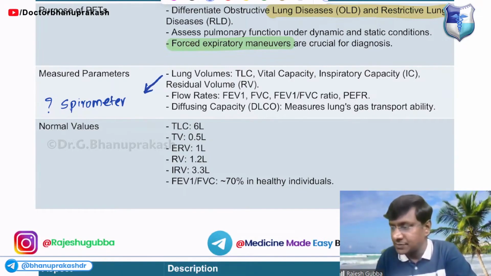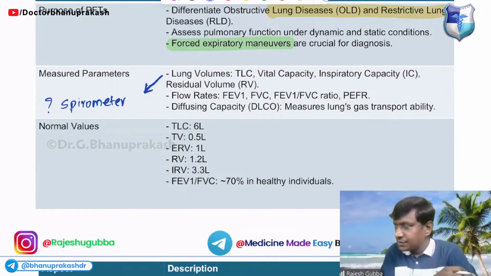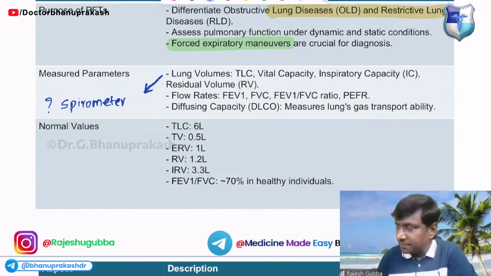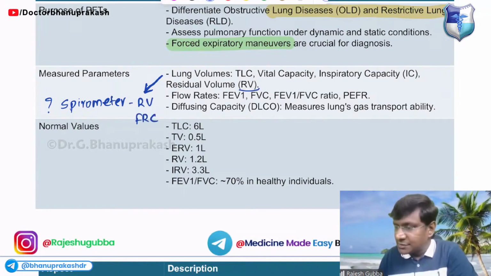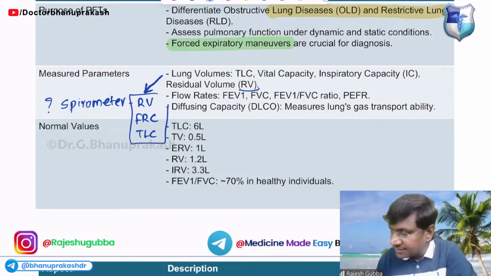Anyone? Very good, Shainavas. The spirometer cannot measure the residual volume. It cannot measure the functional residual capacity. It also cannot measure the total lung capacity. So these are the volumes and capacities that cannot be measured by the spirometer.